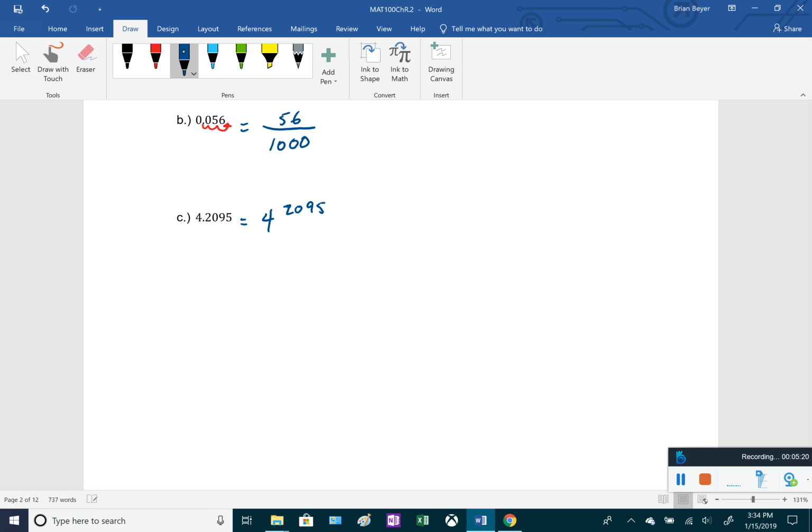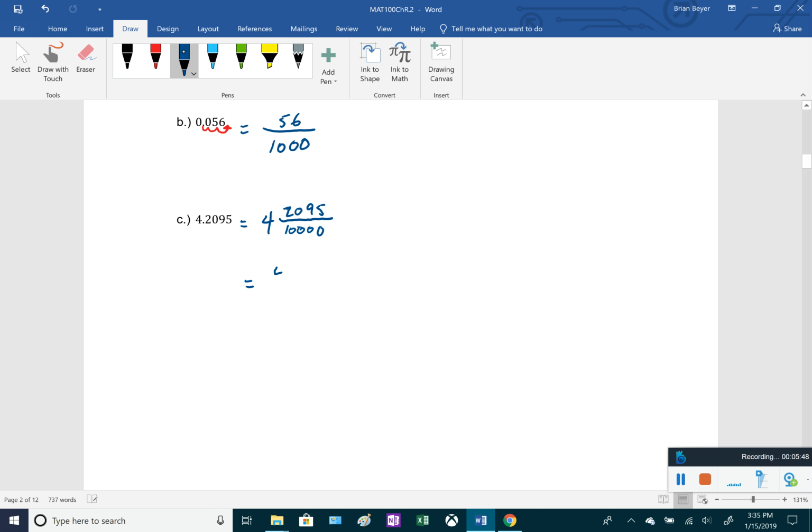The last part here is in the 10,000ths place. So we're going to write a 10,000 in the denominator. So that's the mixed number portion. If we wanted to convert this to an improper fraction, we could do it the way that we did it previously, where we multiply the denominator by the whole number, add the numerator, and place it over the original denominator.